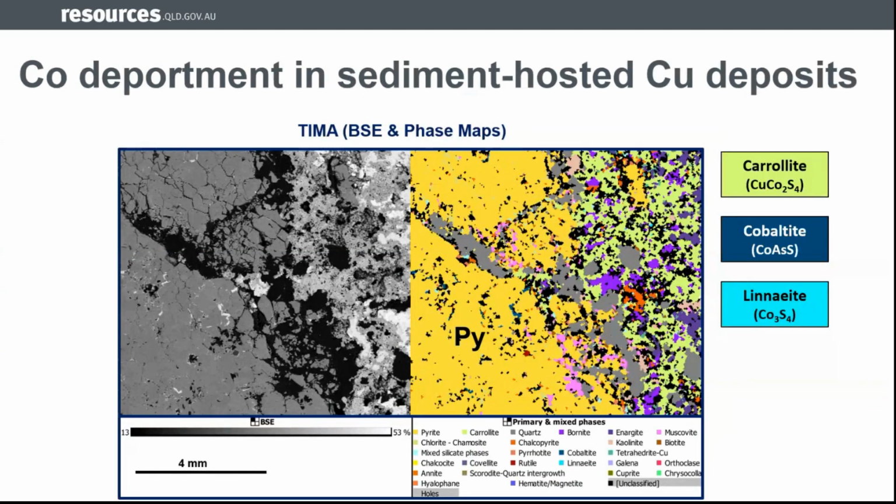And it's a similar question and a similar problem as for IOCGs. It's not just about geochemical availability, but also the mode of occurrence. And similar to IOCGs, cobalt is present both in cobaltiferous pyrite and three or four individual cobalt-bearing minerals.